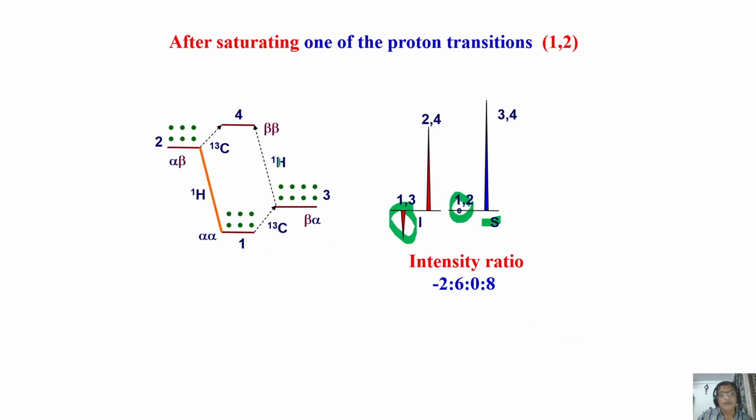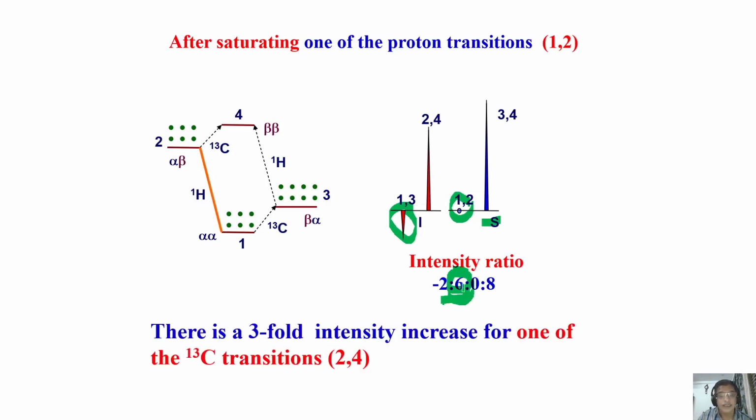What about the other one? 6 and 0. 6 minus 0, it is 6. What a marvelous change in the intensity. I saturated one of the proton signals and for the carbon signal, one of the peaks has an enormous rise in intensity. Instead of 2 to 8, 8, it becomes 6, a 3 times enhancement. Okay, there is a threefold enhancement of the signal of one of the carbons.